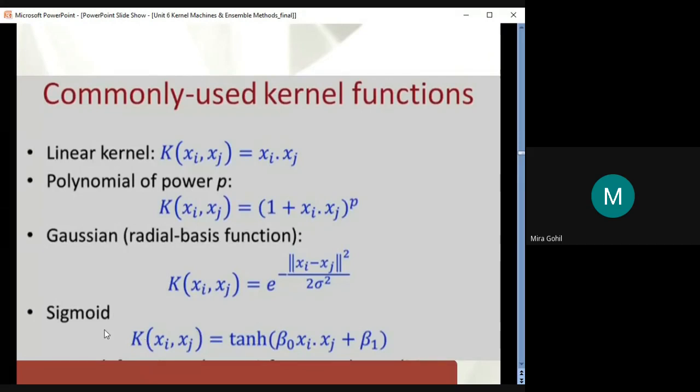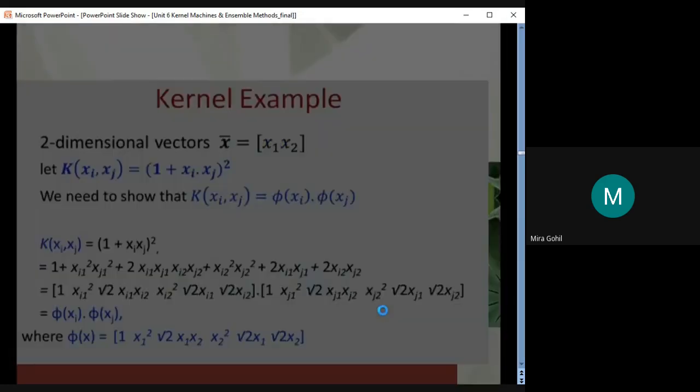The same way we are having sigmoid function also. So as I told you, based on the requirement and based on the problem statement, you first need to study what type of data you are having, what type of problem you want to solve, and based on the domain knowledge you need to select your kernel function.